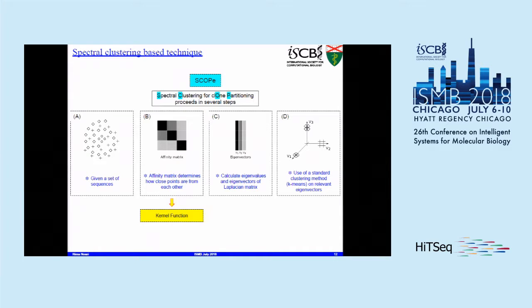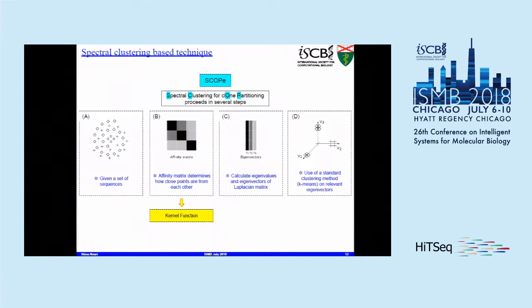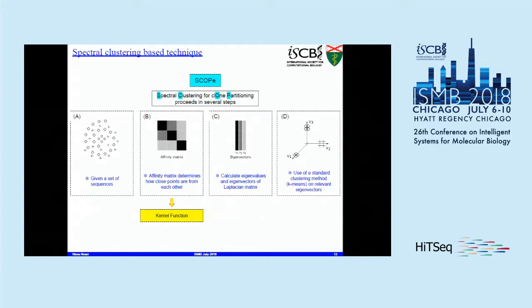What does SCOPE stand for? It's just an abbreviation, we made it up: Spectral Clustering for clone Partitioning. Spectral clustering is, as I'm pretty sure you know, a well-established and well-known methodology. It has 3 main stages. If you have, for example, a data set, we calculate the affinity matrix.